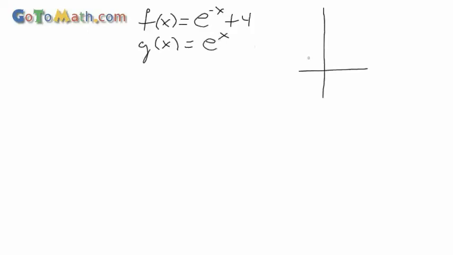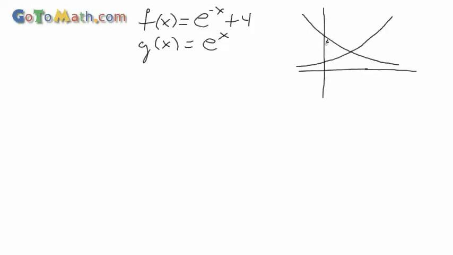So here's e to the x going up like that, and this guy is going down. It's going to cross at 5, but it's going downward like that.